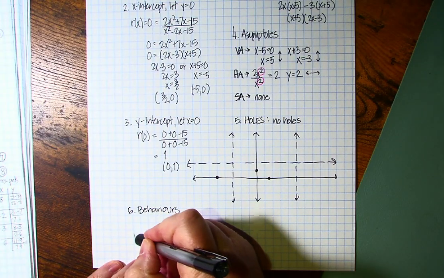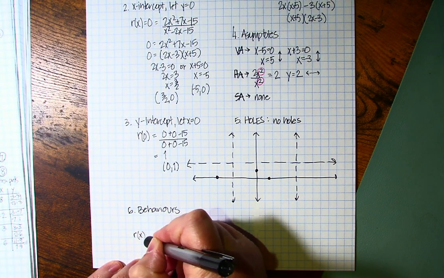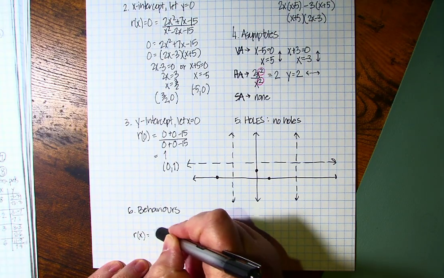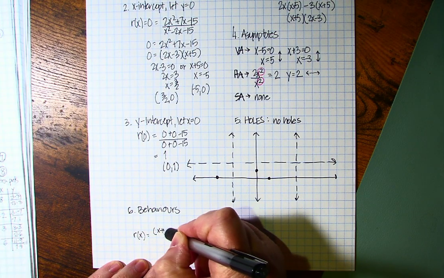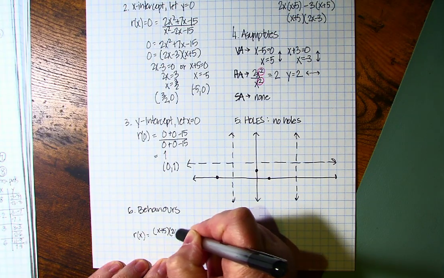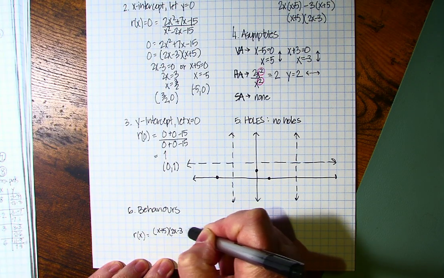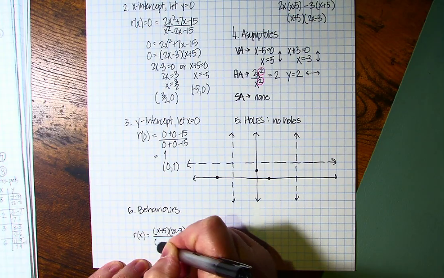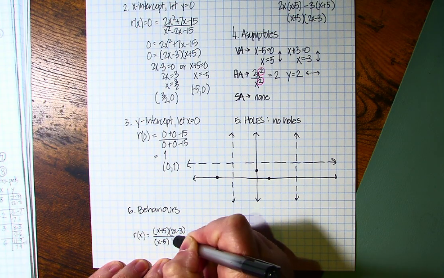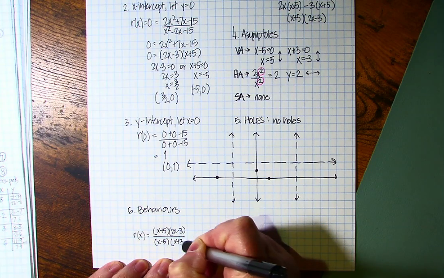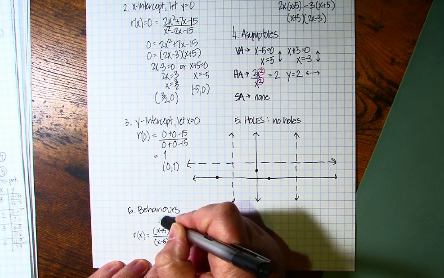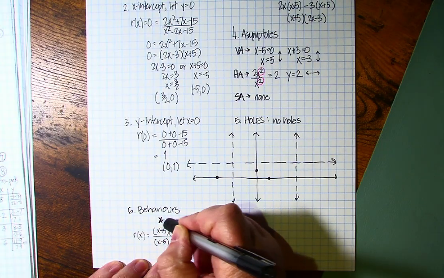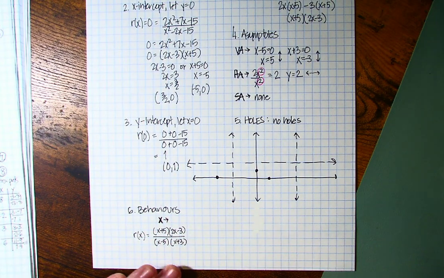All right, so we're going to start by listing the factored form of our r of x here. This is going to be (x + 5)(2x - 3) over (x - 5)(x + 3). We want to know what's going to happen to x as it approaches various scenarios.